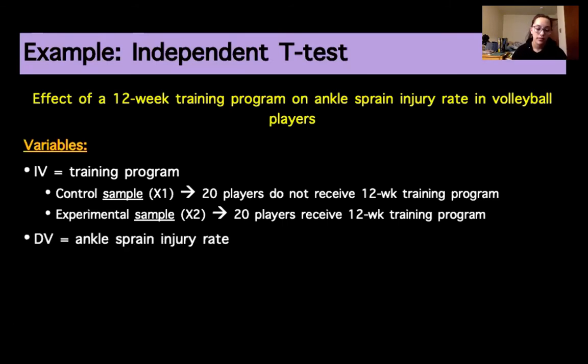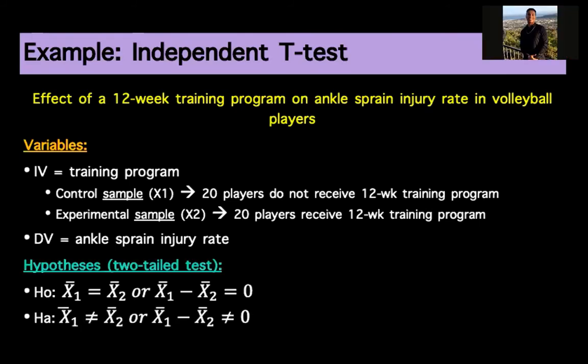Again, ankle sprain injury rate is our dependent variable. This type of data selection would be between sample groups. Yeah, because we have 2 different sets of people. They're independent samples.